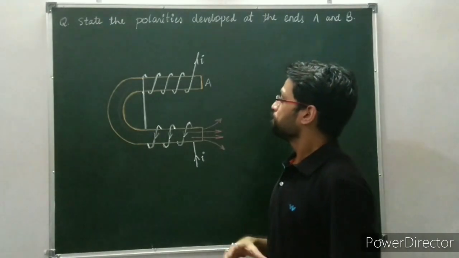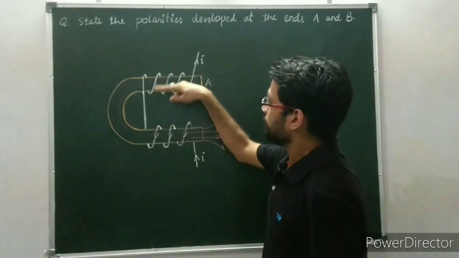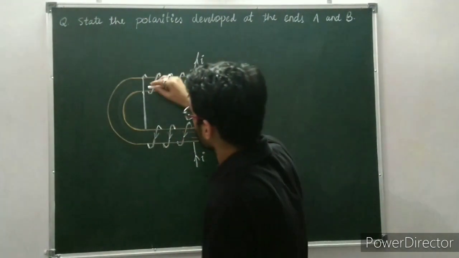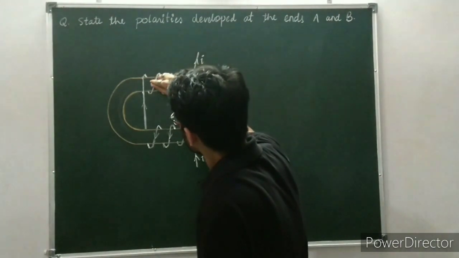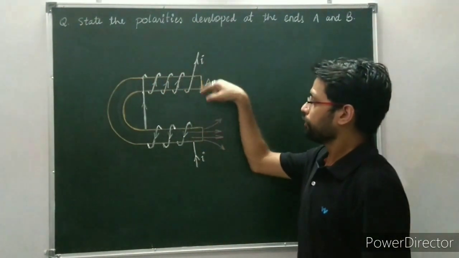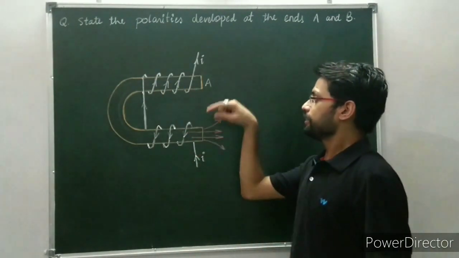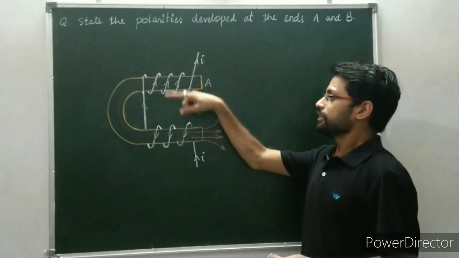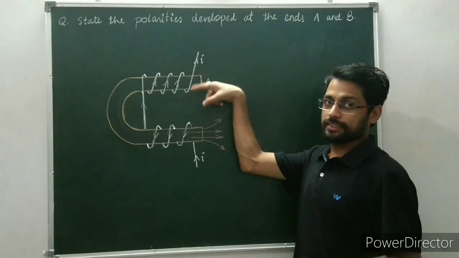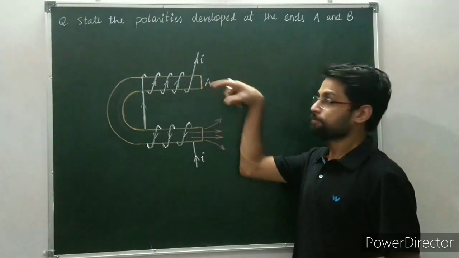Now come to this end. In the first coil, the direction of current is given by the arrowhead, and as seen from this end, the current is clockwise in this coil.